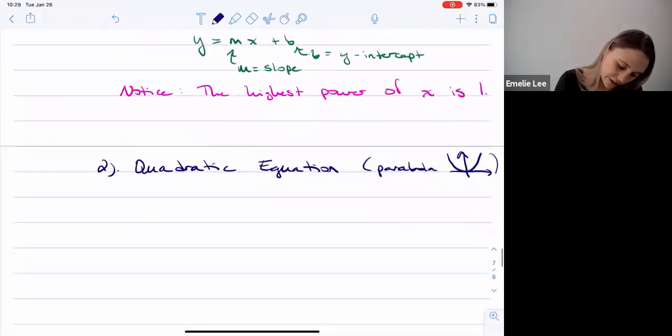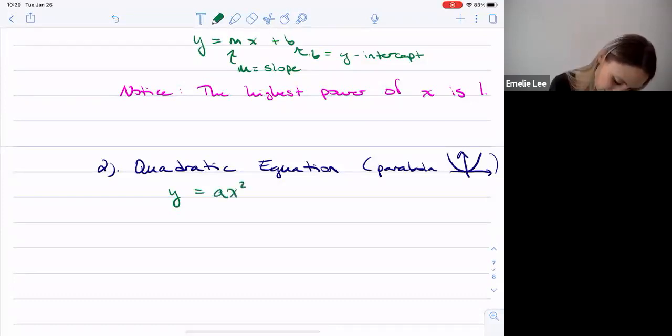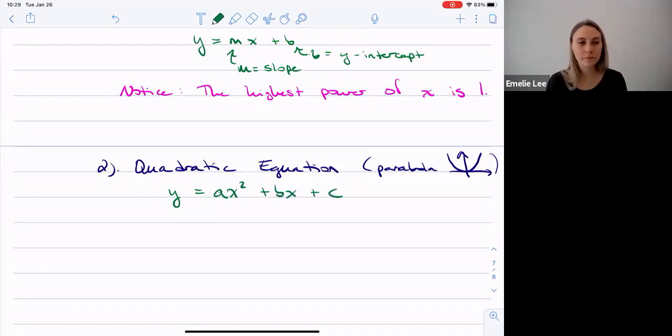A quadratic equation has the form y equals ax squared plus bx plus c. Notice that each of these has a coefficient, except for this last one, which is just a constant, but the highest power of x is 2, and that's what makes it a quadratic equation.